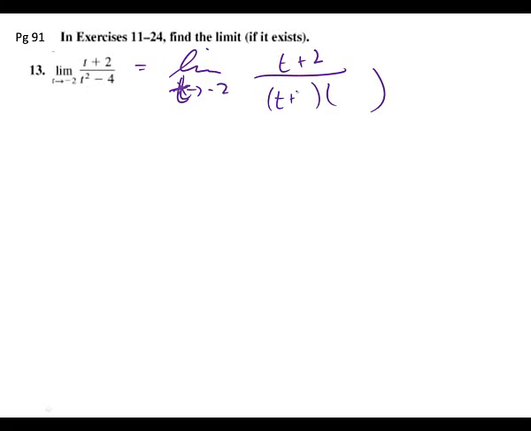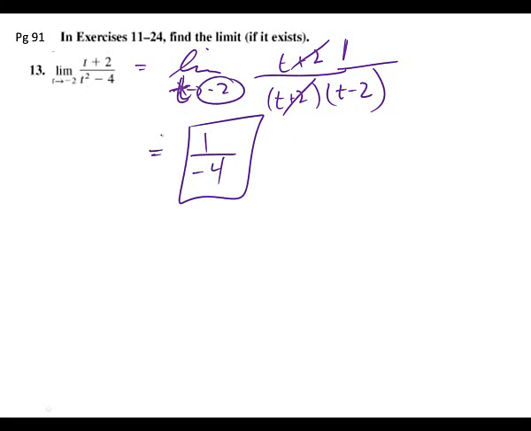T plus 2 and t plus 2. Good. So what cancels? T plus 2. So technically I have a 1 up there. I'm not going to show all of my steps, and you'll see that I skip even more in here than I did in AB. We know we've got a 1 on the top. What's -2 and -2? -4. So -1/4. All right, we good with 13?